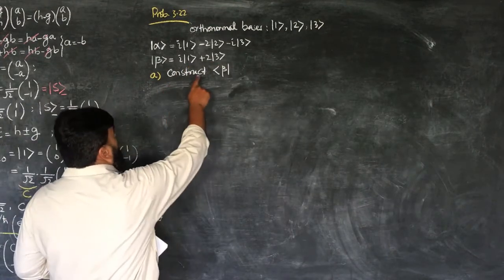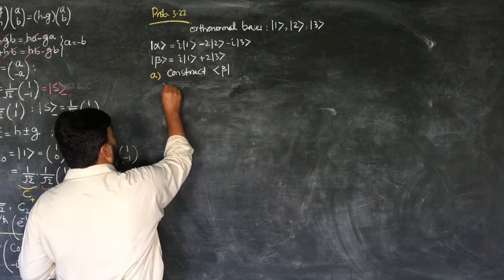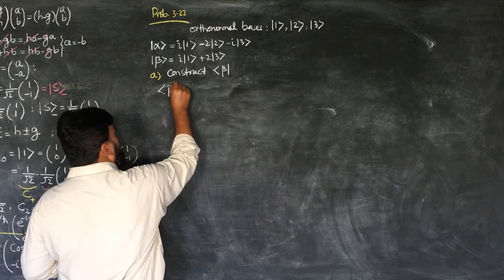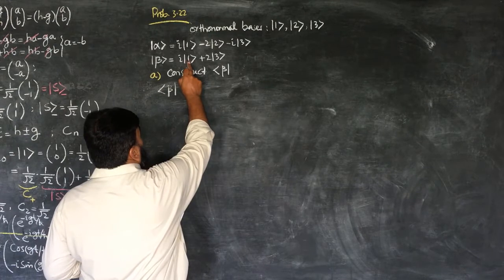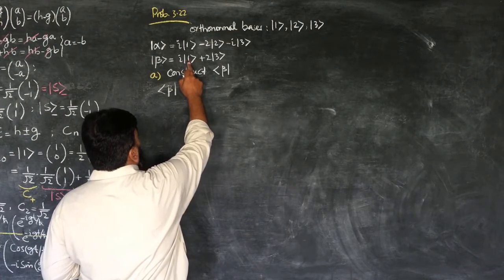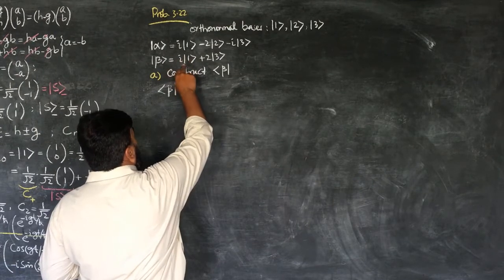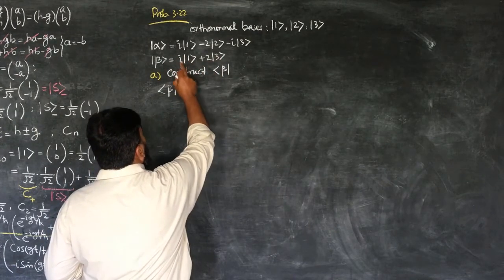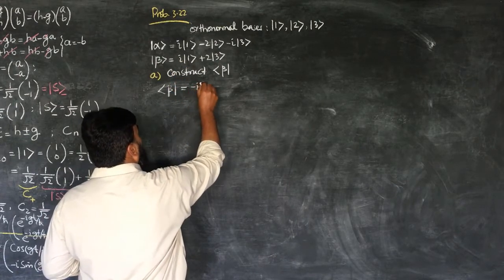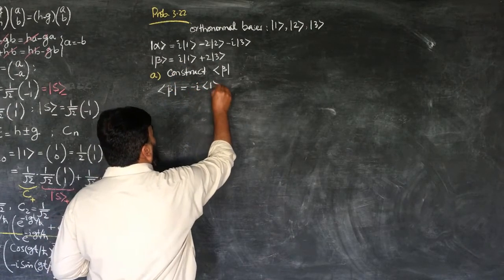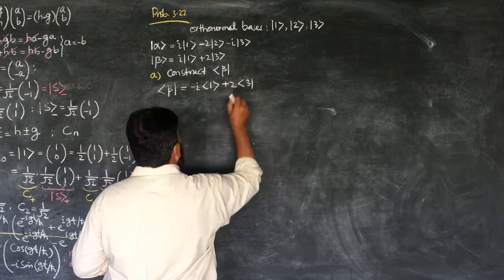So in the transpose, the |1> from the ket will go to the bra, similarly |3>, while in the conjugate, i will change its sign. So it will become minus i<1| plus 2<3|.